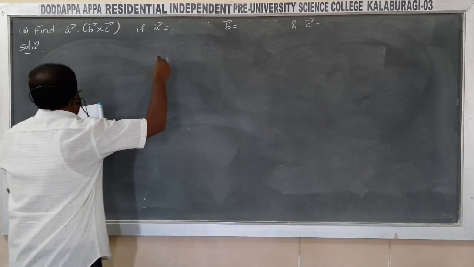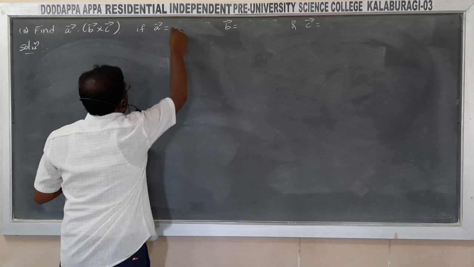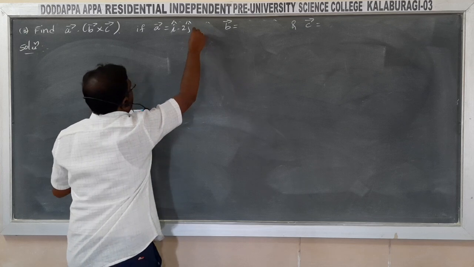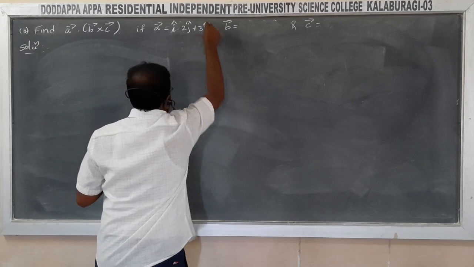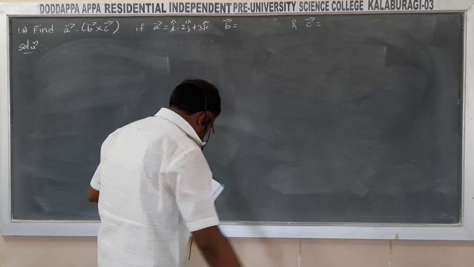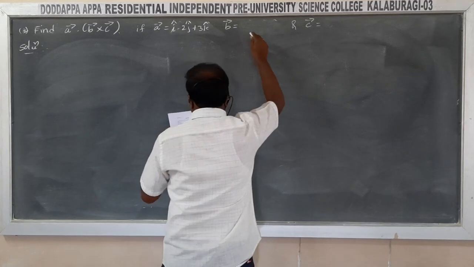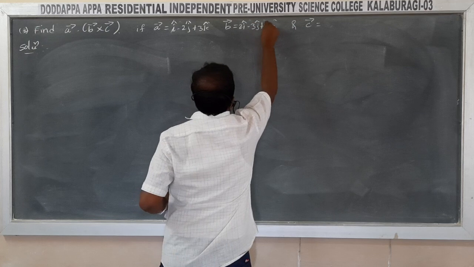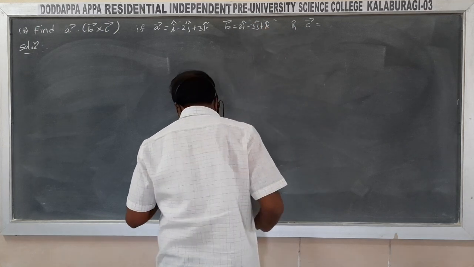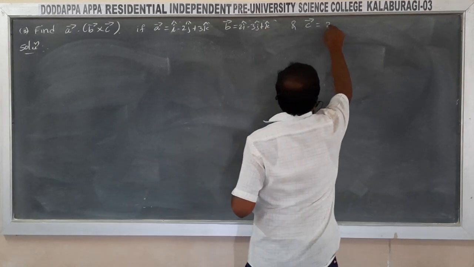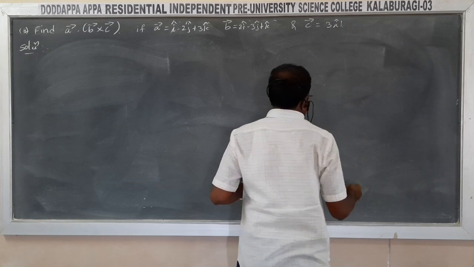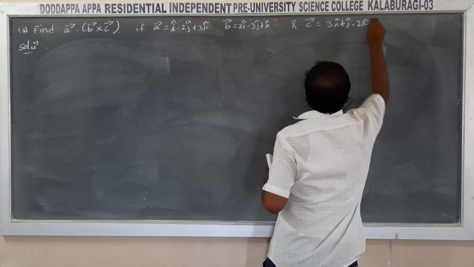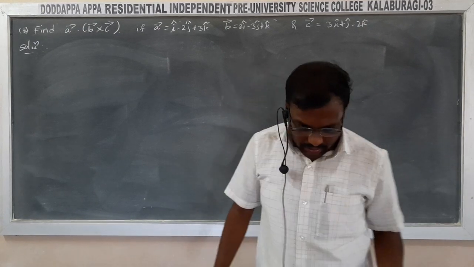Vector A is given I minus 2j plus 3k. Vector B is equal to 2i minus 3j plus k. And vector C is equal to 3i plus j minus 2k. Okay.